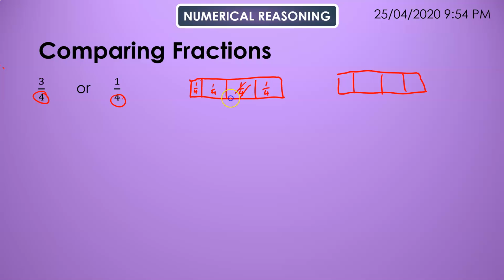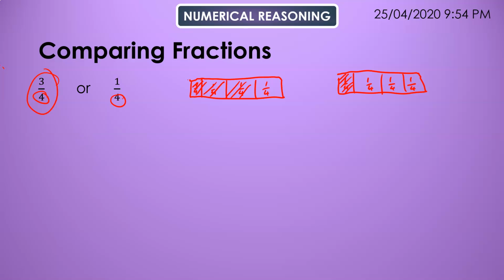The first one has 3 shaded in. The other one only has 1. So that's 1 shaded in there. It's quite obvious to see that 3/4 is the one that is the largest.